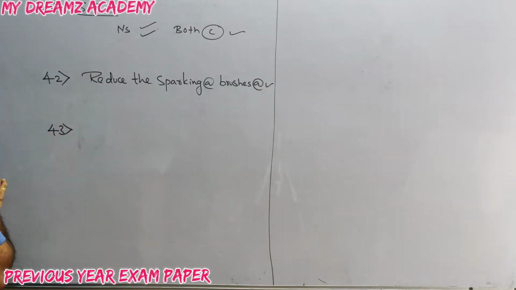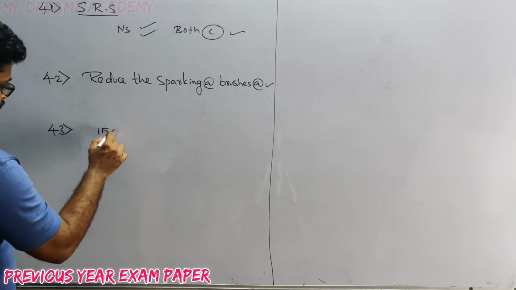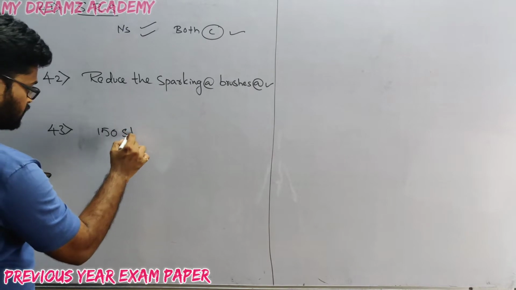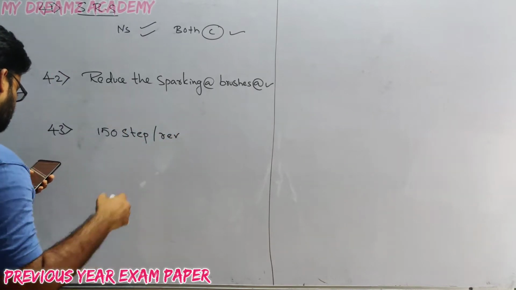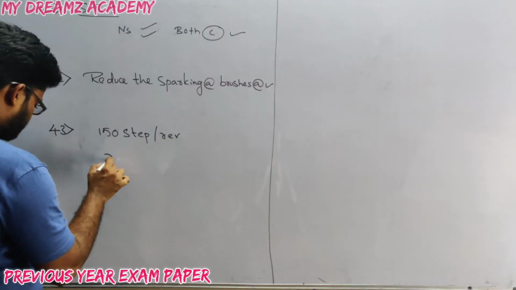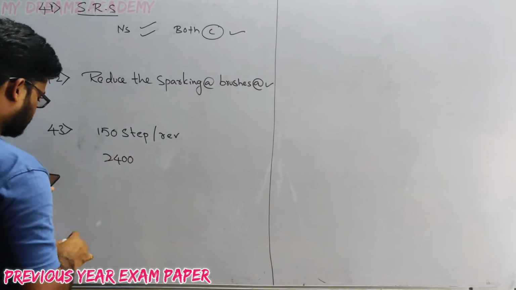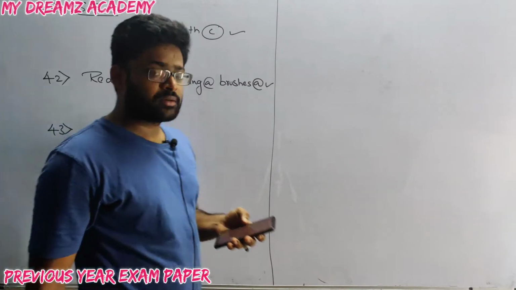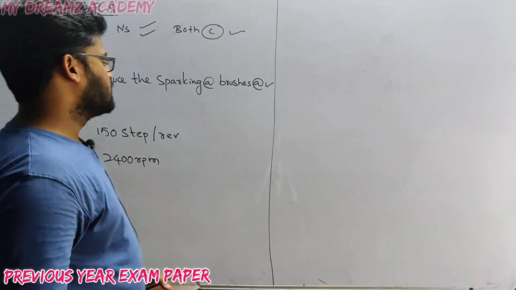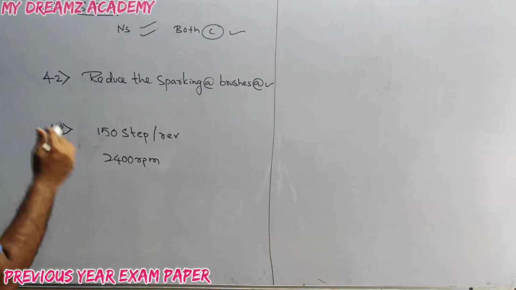Question 43: a stepper motor having the resolution of 150 steps per revolution is running at a speed of 2400 rpm. We need to calculate the pulse rate. How can we calculate the pulse rate?